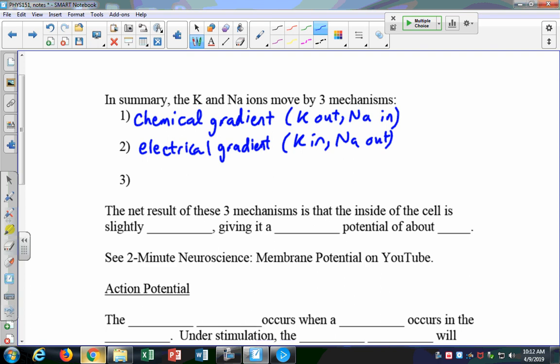And then also, there's the sodium-potassium pump. Number 2 is supposed to be opposite. Yeah. And the sodium-potassium pump moves potassium in and sodium out.